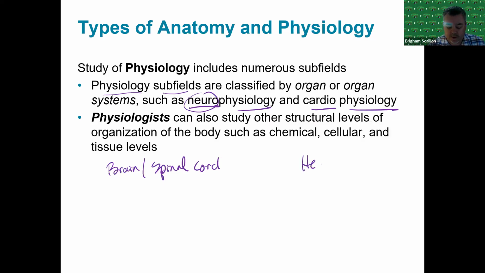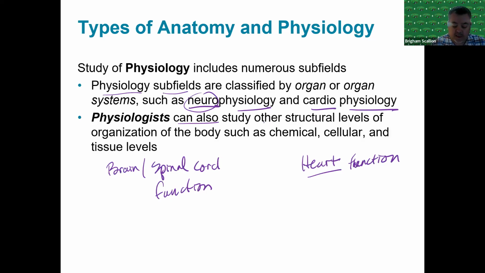Cardiophysiology refers to the heart, so the study of the function of the heart. Neurophysiology would be the study of the function of the brain or spinal cord. So anytime we use the word physiology, we are talking about the function of a system.